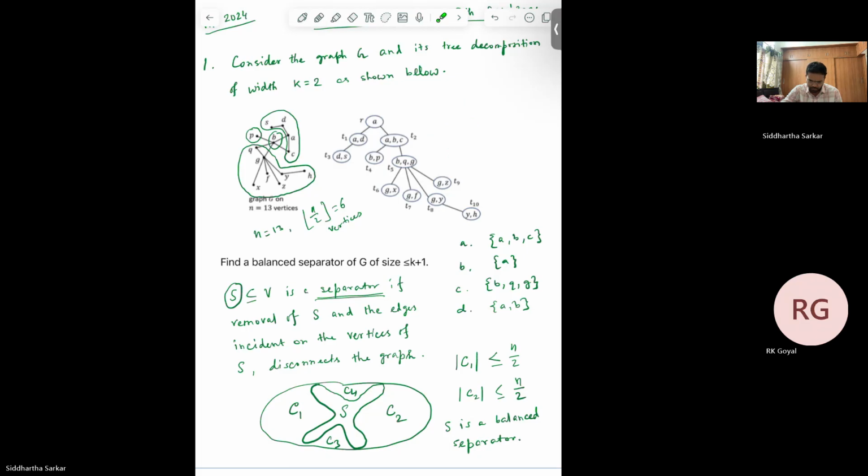So how about deleting the bag corresponding to the root? The way the algorithm is described in the video, you start by deleting all the vertices in the root of the tree decomposition and check if that is giving you a balanced separator or not. So let me clean up things again.